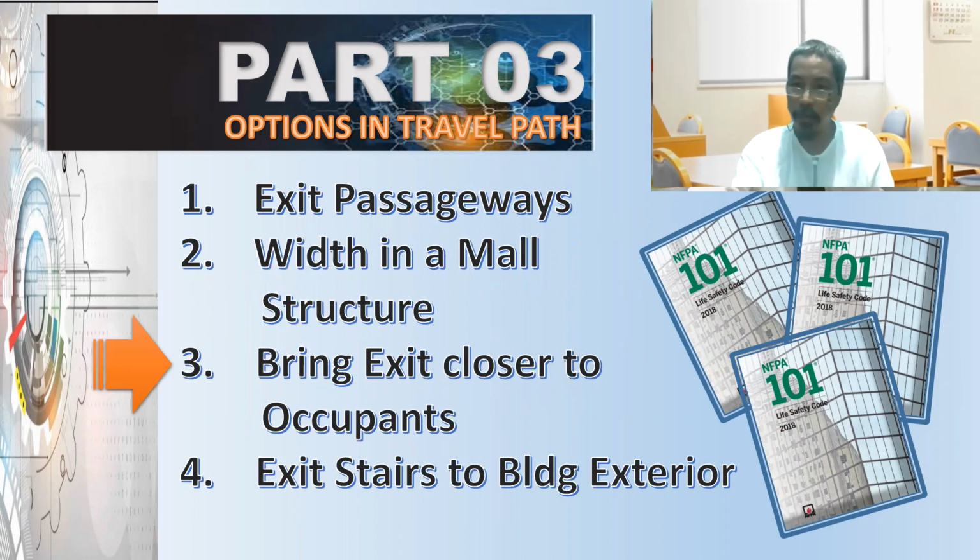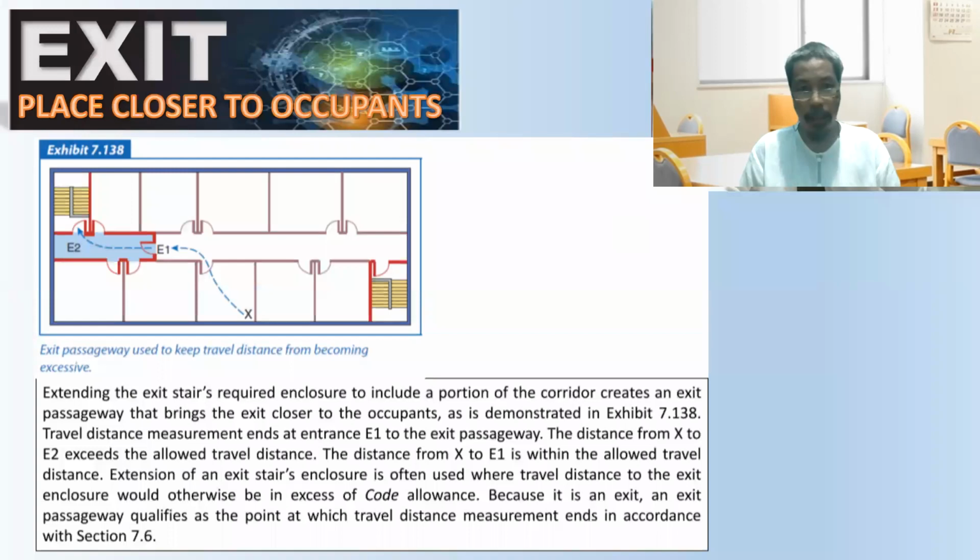So there are situations where, because of the provisions and minimum requirements of the code, there are limits on the distances, okay? And therefore, in our design, we must formulate an arrangement wherein we can bring those exits closer, more closer to the occupants.